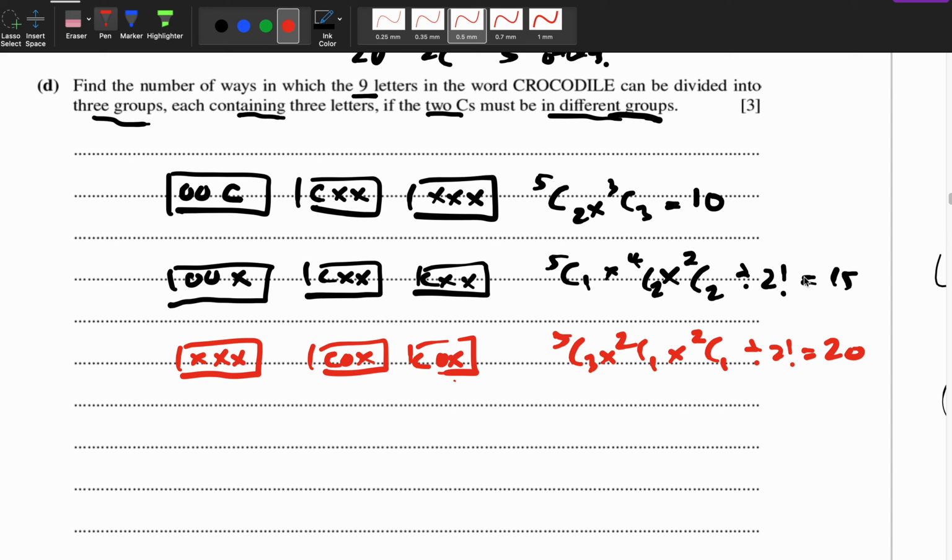Both O without C, 15, correct. O with C, O with C, 20. O in C group, 1 is not. Okay, 1 is the last combination. 45.